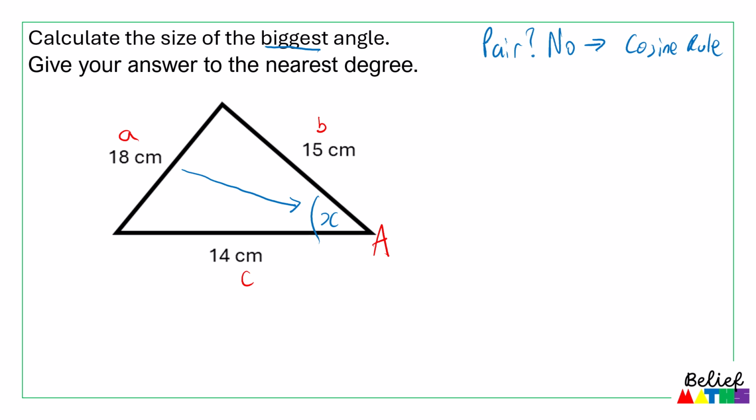So the formula you need to memorize is that cos of A is equal to B squared plus C squared minus A squared over 2BC. Now if you memorize that, it makes this question so much easier, because now what we need to do is sub in our values.